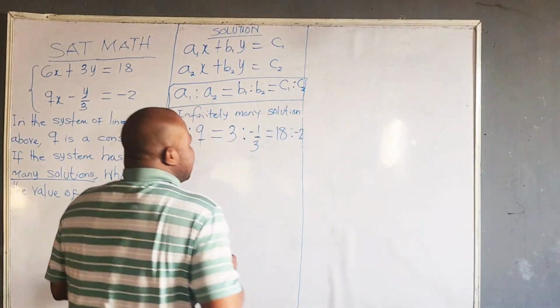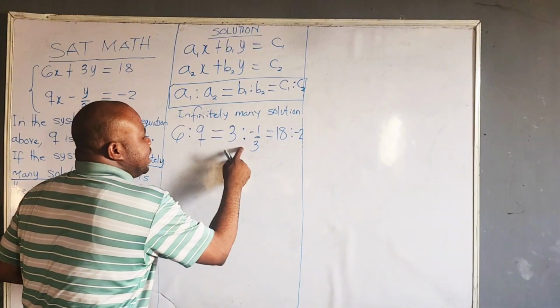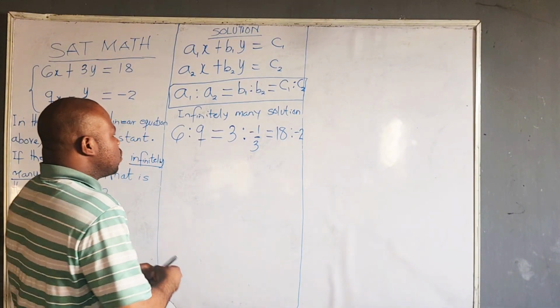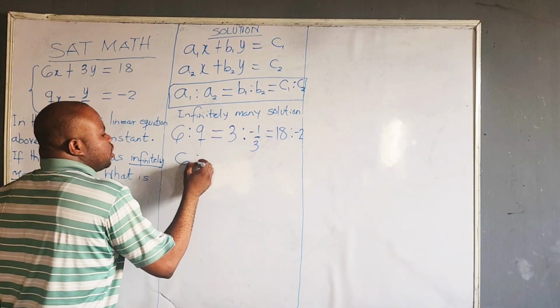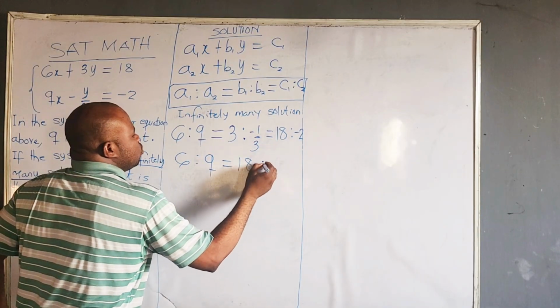Since I'm looking for the value of q, I can equate it with any of these, either with this or with this, because they're the same. So I'm going to equate it with 18 ratio minus 2.